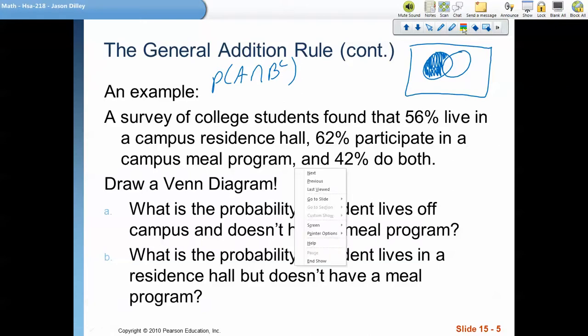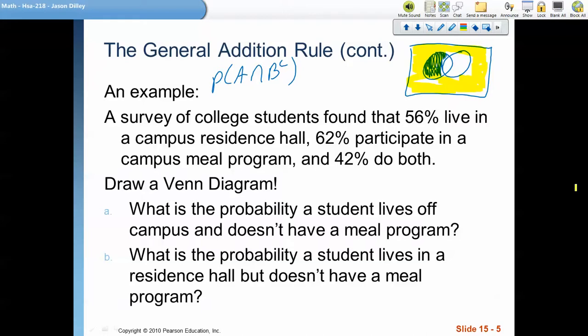Here, I'll shade it. I'll highlight that in yellow. All of this is B complement. A complement would be all of that stuff out there, but not inside the A circle.